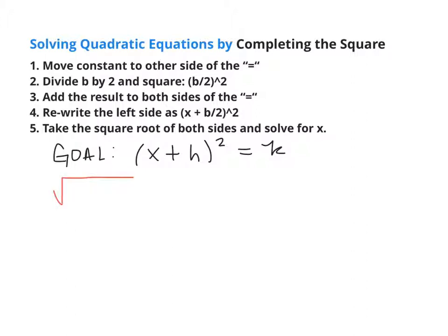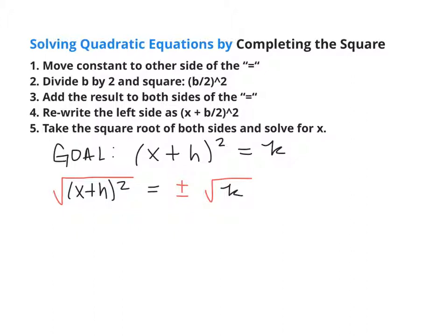And that's because if we get it in that form, we can then apply the square root principle, where we take the square root of both sides. So we take the square root of the left side, and that's going to equal the square root of the other side, and we'll have that plus or minus out in front.